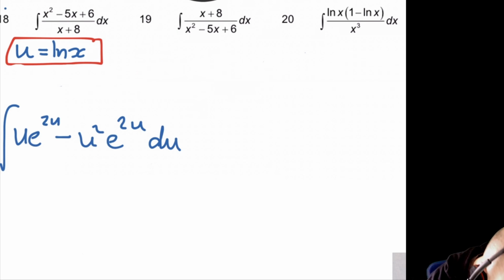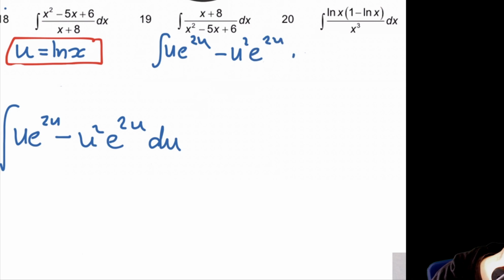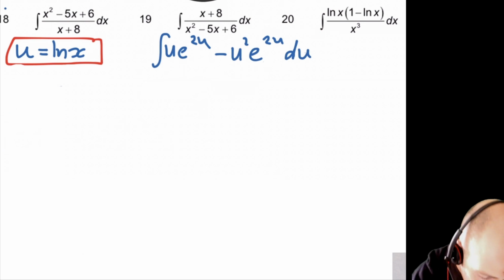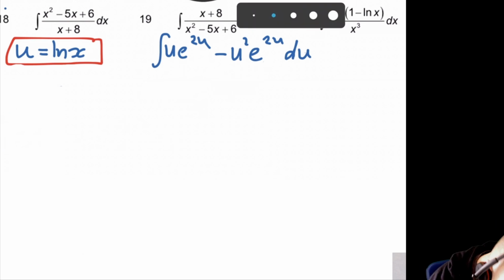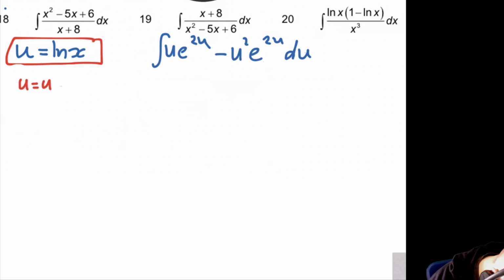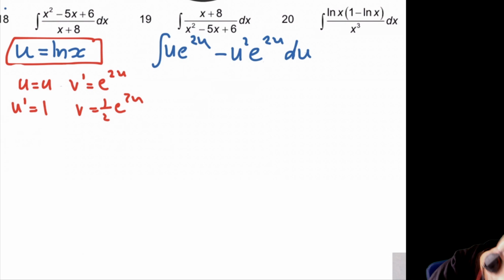So I'm going to write it at the top and probably write it quite small so we can try and fit this in. e to the 2u, u squared, e to the 2u du. All right, so for the first one, u can be u, v dash can be e to the 2u, u dash is 1, v is a half e to the 2u.